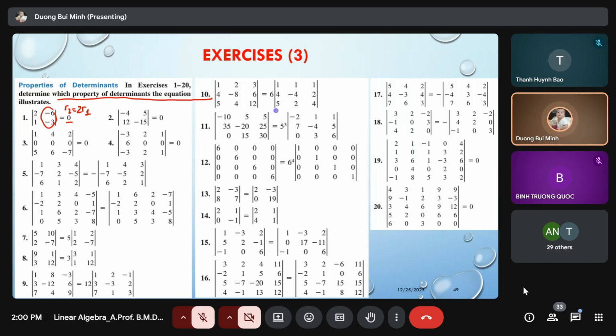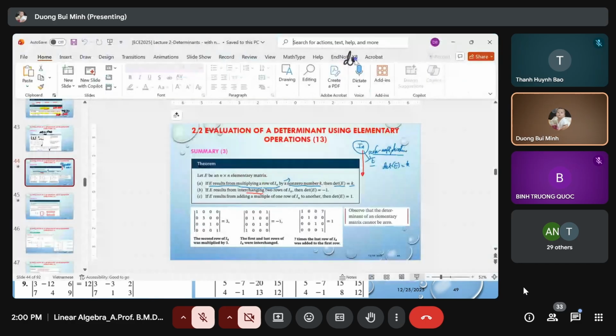For example, why do we get 5 to the power of 3 or 6 to the power of 4? Because if we take 6 outside, you get 1 here, right? And then if you multiply by 1 over 6, that means you take 6, you get 1 more 6. And here, over 6, 1 more 6.